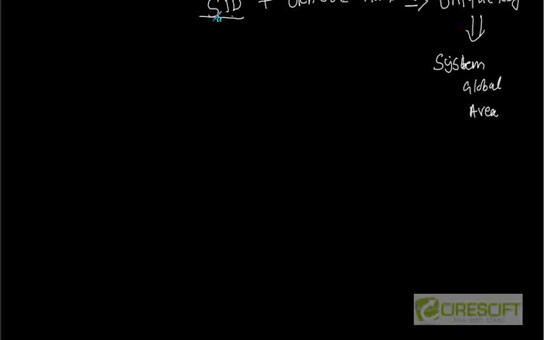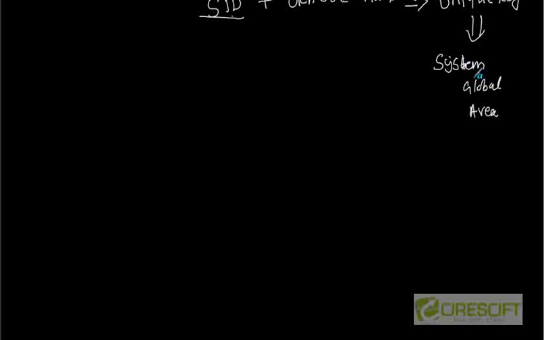If for whatever reason you give a wrong SID or wrong Oracle home, if the environment variables are set to wrong values, then you may see an error called Oracle is not available. The reason is that whatever unique key you generate is not able to attach to the system global area.